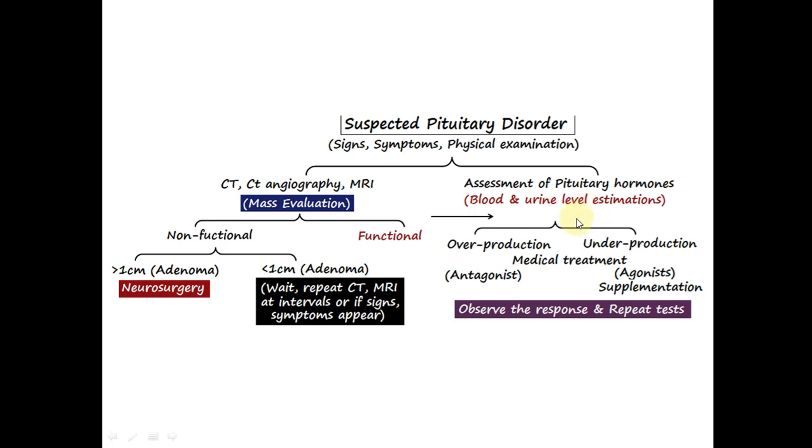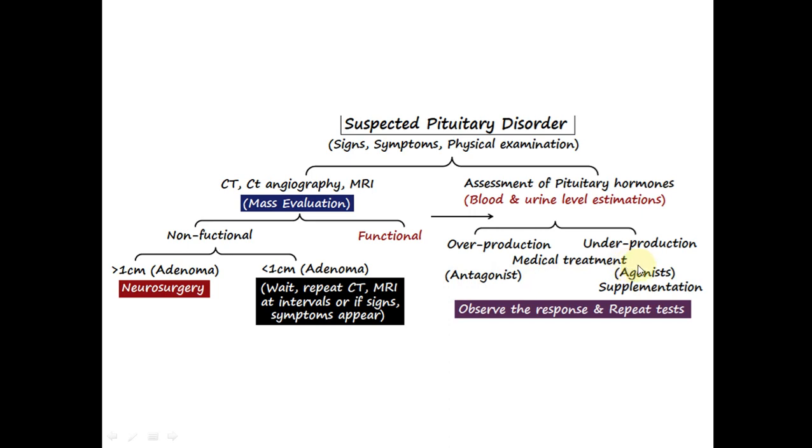So we will see whether there is overproduction of the hormones, or in some conditions there may be underproduction of the hormones. For overproduction, we will use drugs that will antagonize or neutralize the hormones, giving relief to the patient from the signs and symptoms.